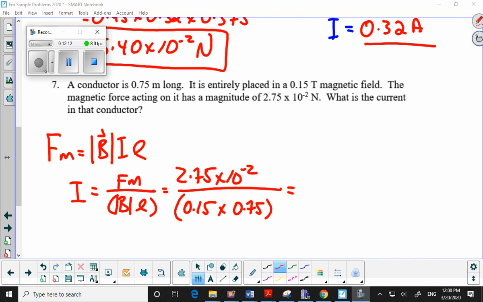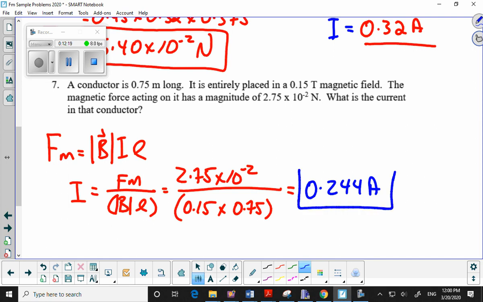Putting that into my calculator, I get 0.244 amperes. Now, if you're getting a number a little bit different than that, make sure you've got your brackets in your denominator, because if you don't, your calculator is going to take that 2.75 times 10 to the minus 2 divided by 0.15, then multiply all of that instead of dividing by 0.75.